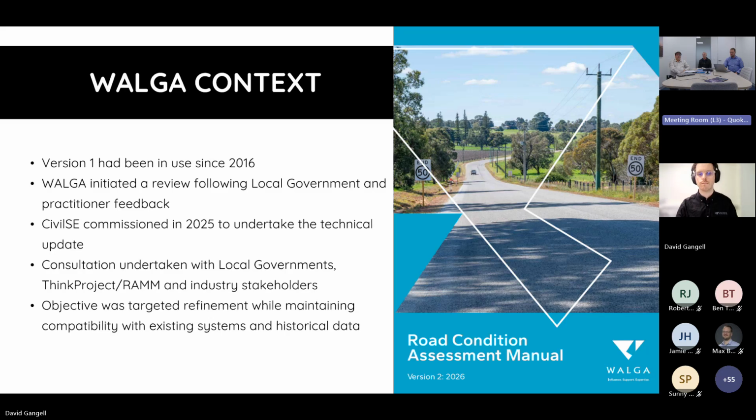We kicked that off with a survey a couple of years ago, and we got quite a lot of feedback from local governments during that process. That led to us appointing Civil SE to manage the review process. And along the way, we've had, I think, at least 2 workshops with stakeholders as the review has progressed.